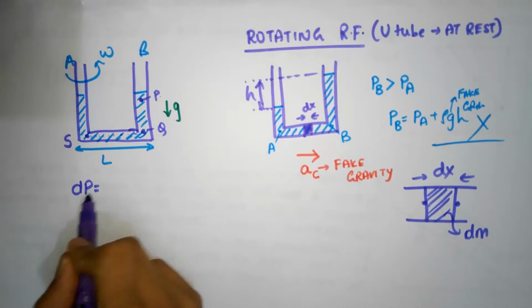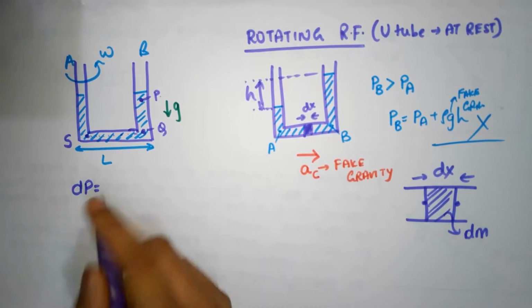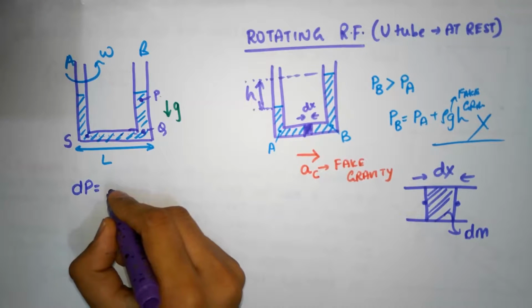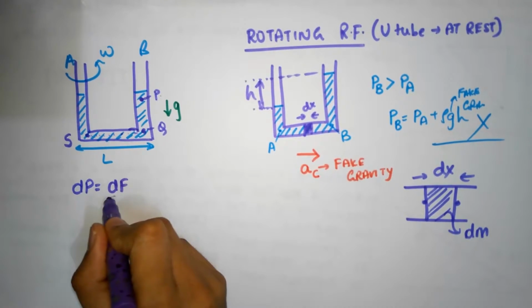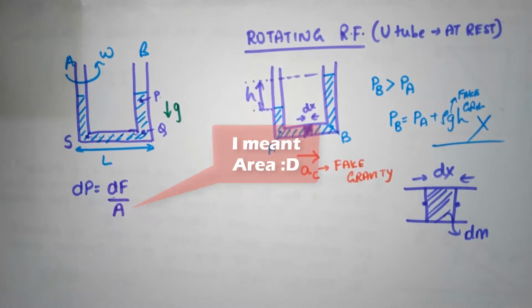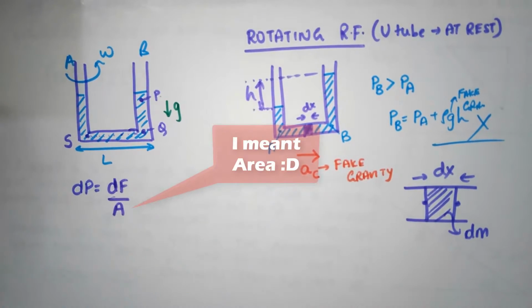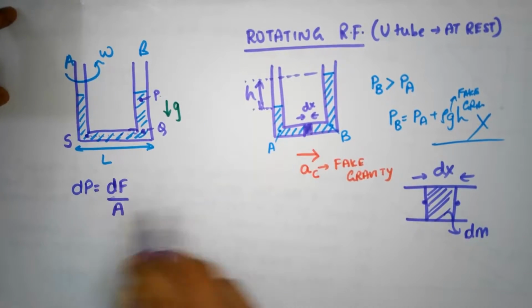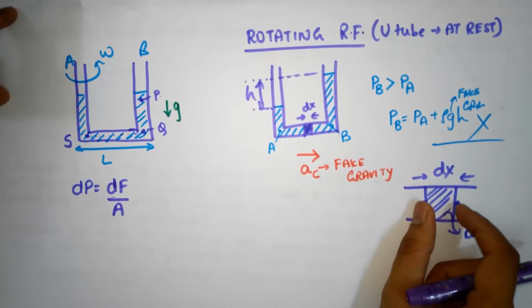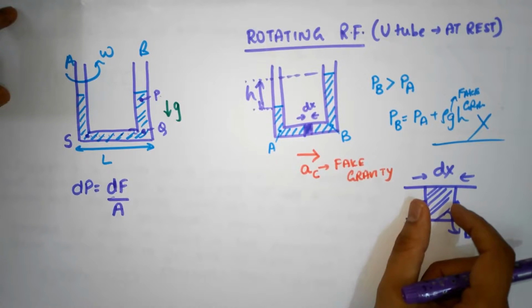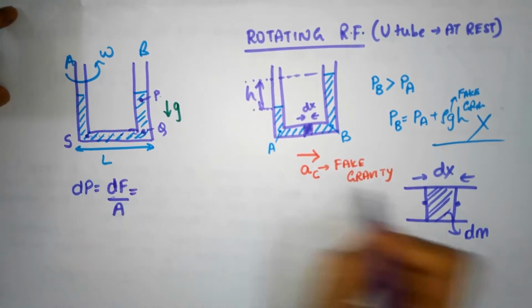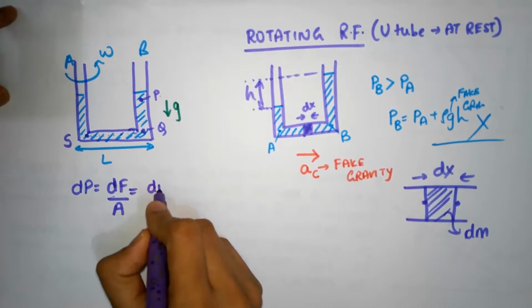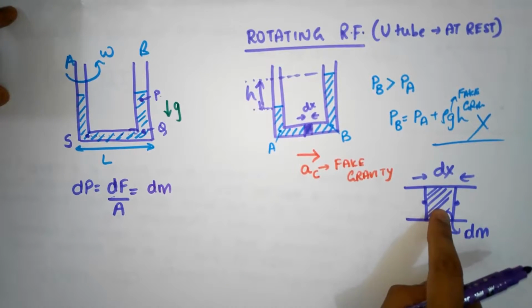So I can write that dp, the difference in the pressure, is exactly equal to the pseudo force divided by the area. I hope that makes sense to you. A very tiny pseudo force df acts on a tiny piece over here, and that pseudo force equals the mass of this section, dm, times the acceleration at that point.